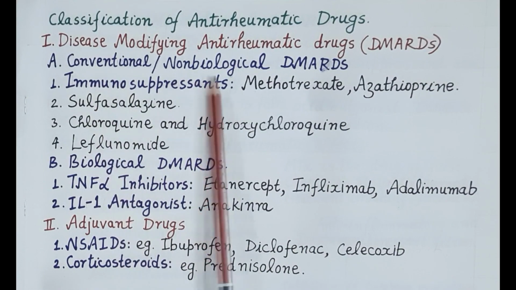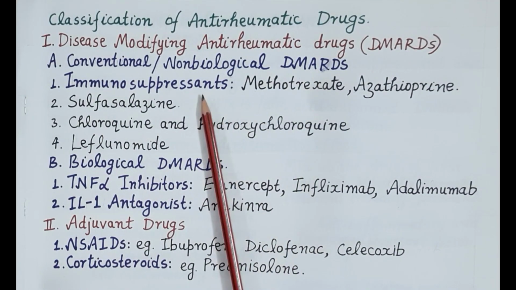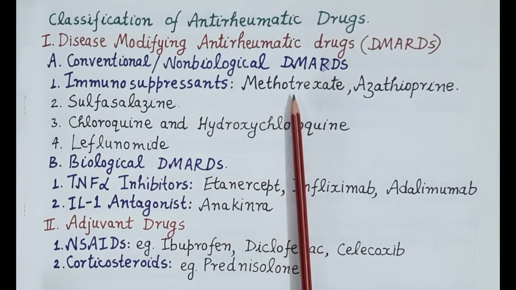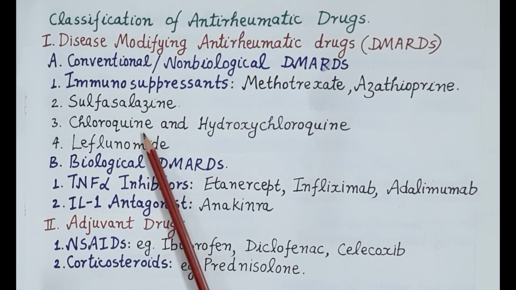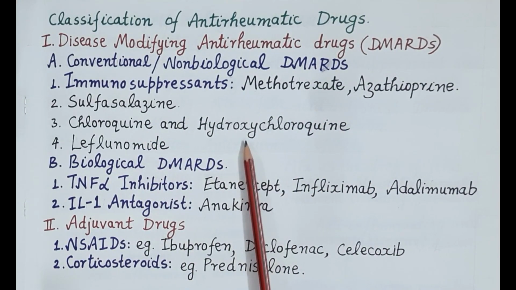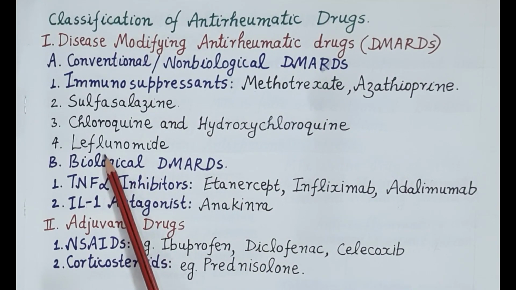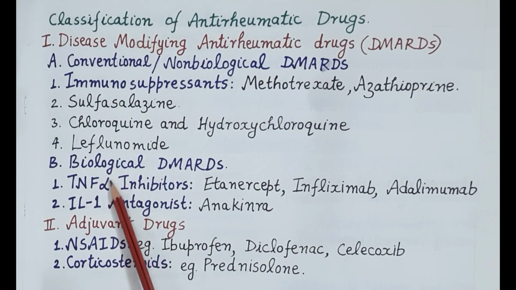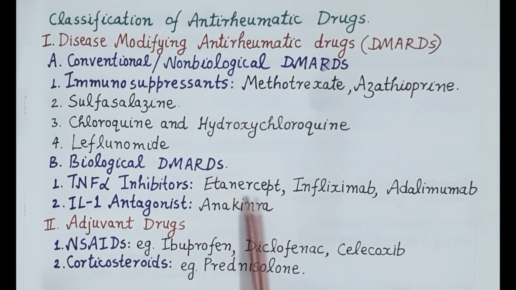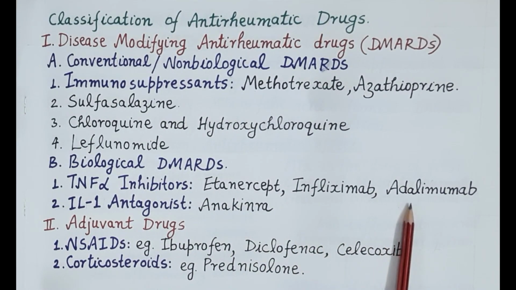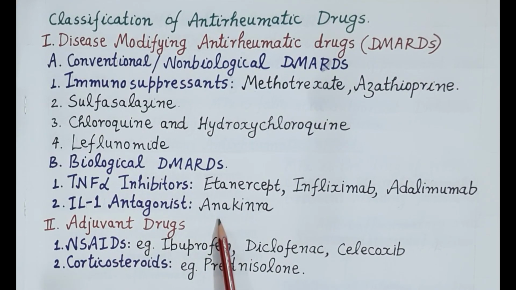Now conventional non-biological DMARDs include immunosuppressants like methotrexate, azathioprine, sulfasalazine, chloroquine, hydroxychloroquine, then leflunomide. Now biological DMARDs include tumor necrosis factor alpha inhibitors like etanercept, infliximab, adalimumab, then interleukin 1 antagonist like anakinra.